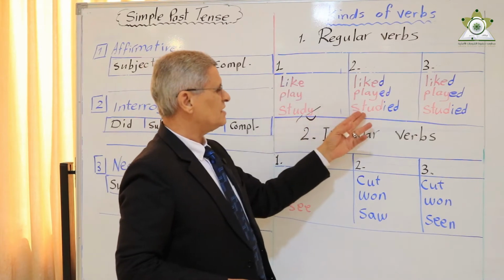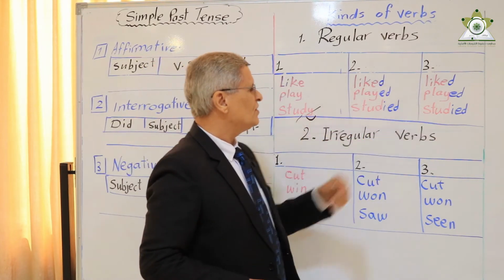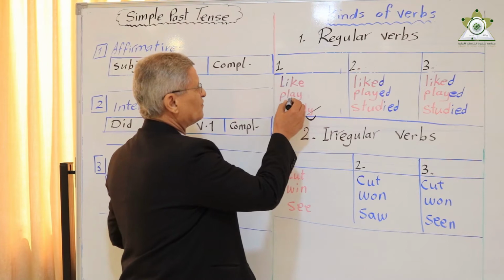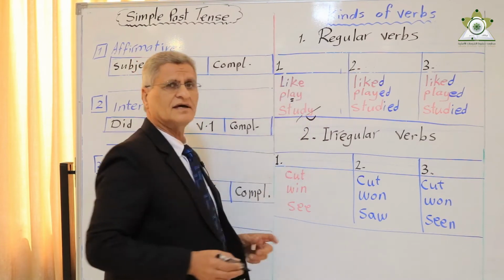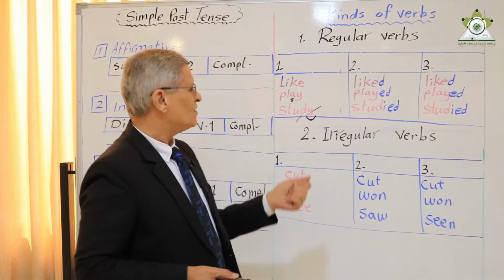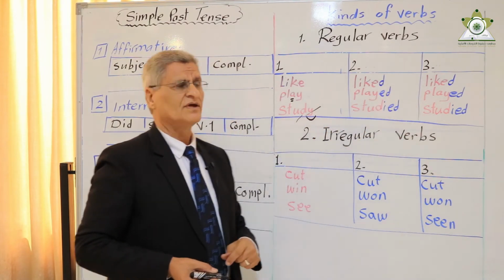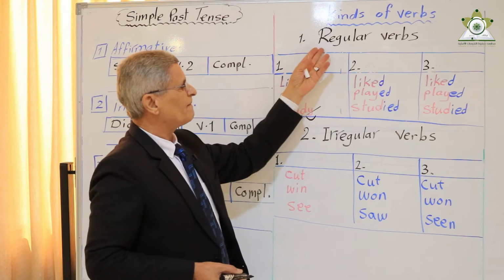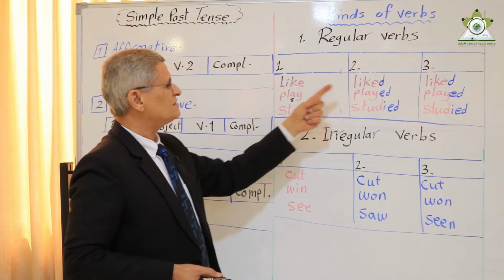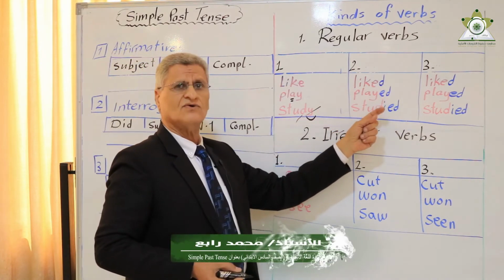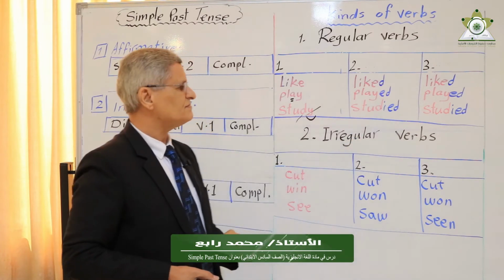Study, studied, studied. Notice here, when we found the letter A, it's a vowel. We don't drop Y, we add ED directly. So regular verbs, we add D, ED, or IED.